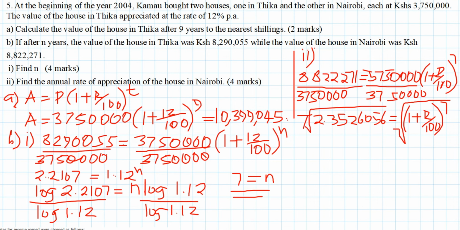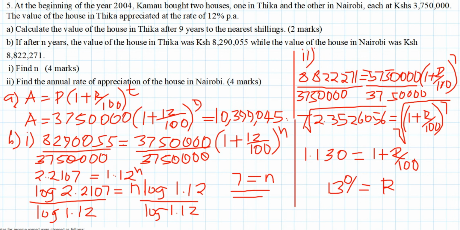When we get the 7th root on the left-hand side, we are going to have 1.130. And on the other side, we are going to have 1 plus R all over 100. So now, when we evaluate this, our value of R is going to be exactly 13%. And so this is the value that the house in Nairobi appreciated with annually.